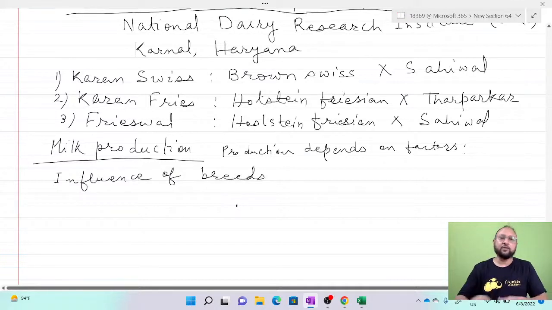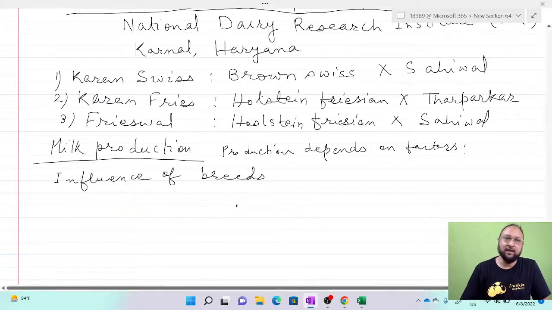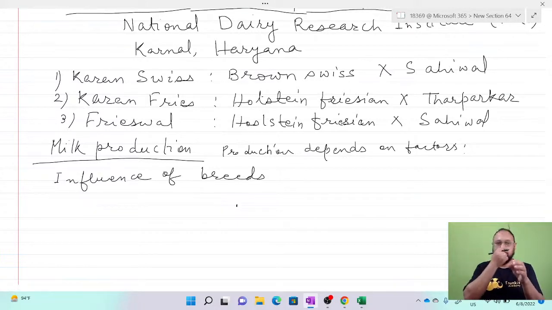It means that some exotic breeds like Jersey cows, native of Jersey, produce on an average 60 liters of milk in a day, whereas local breeds like Red Sindhi and Sahiwal produce about 6 to 8 liters of milk per day. So there's a huge difference. However, the milk of the Red Sindhi contains more fat than the Brown Swiss breed. So that is the reason.